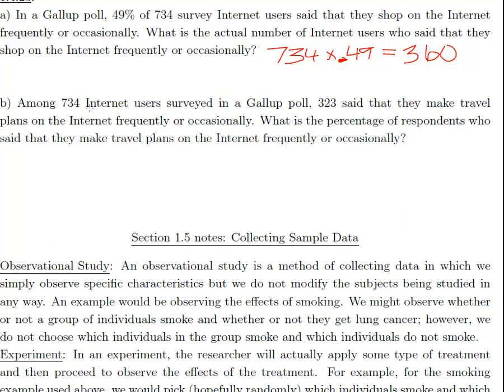So we have 323 divided by 734, and that's going to be equal to 0.44. And so if we change that into a percent, then that's going to be 44%.